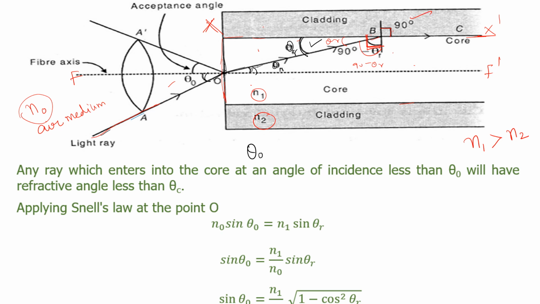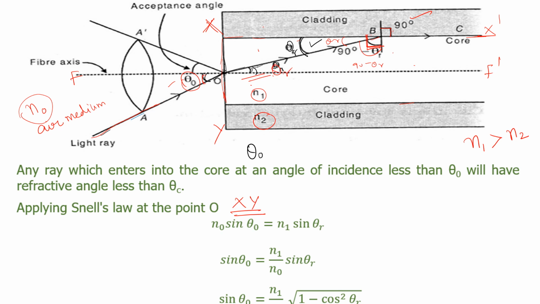Now, in the derivation, we are going to apply Snell's law. At the first interface, at the point O, that is the air medium and the fiber medium, the light ray makes the angle of incidence theta naught, and on the other side the angle of refraction is theta r.